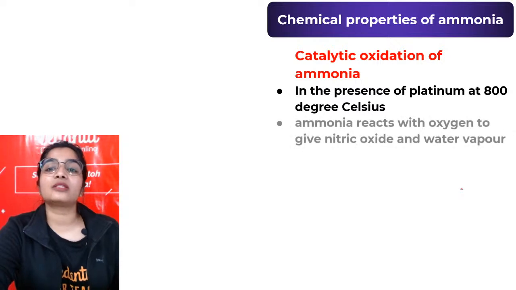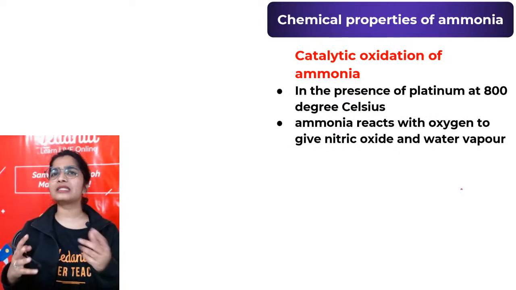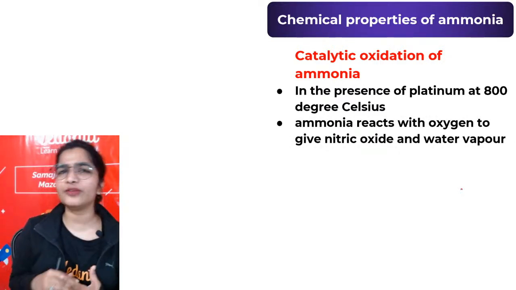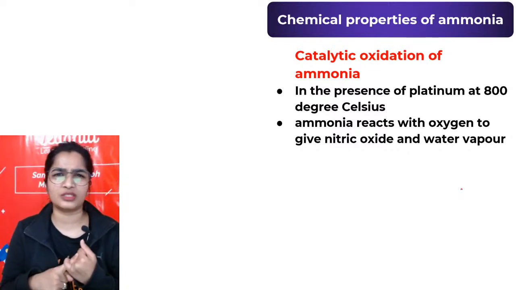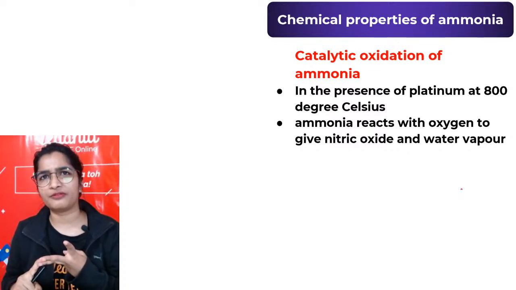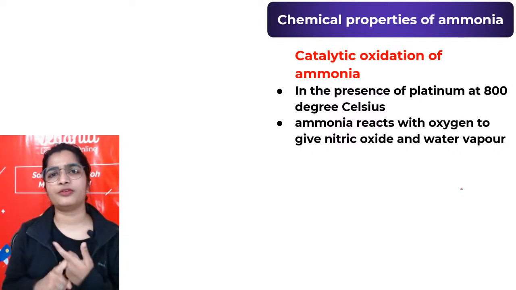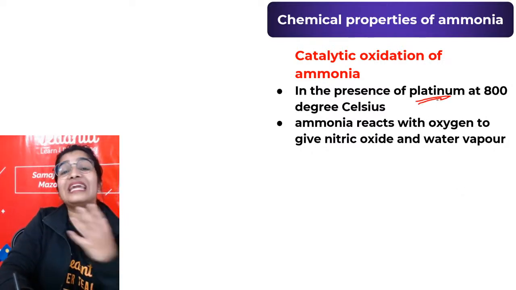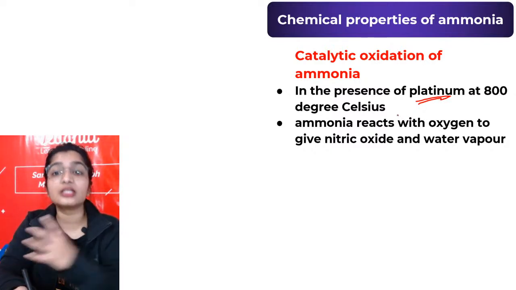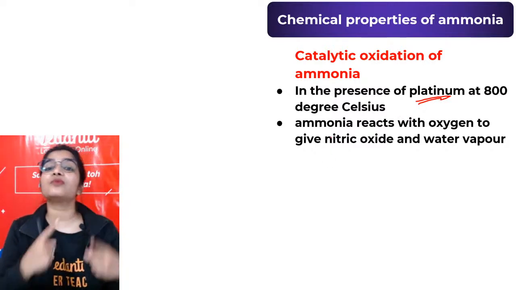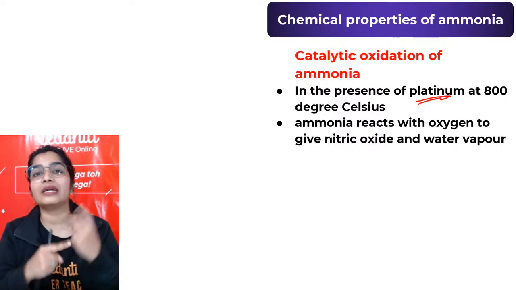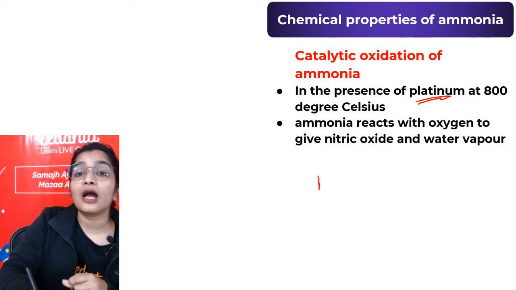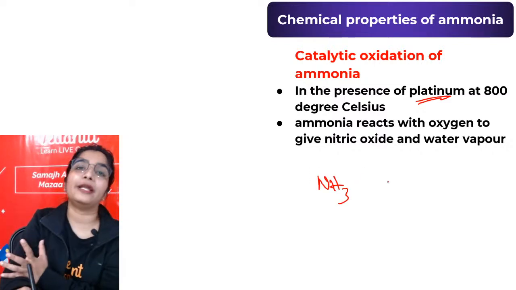So catalytic oxidation of ammonia. What is catalytic oxidation? We all know oxidation is gain of oxygen or loss of electrons, loss of hydrogen. In the presence of platinum at 800 degrees Celsius, ammonia reacts with oxygen to give nitric oxide and water vapor. Here basically ammonia is losing hydrogen.